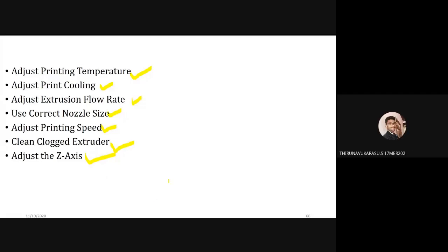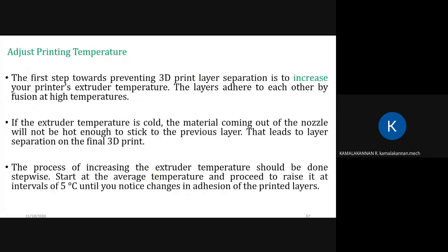First one is adjustment of printing temperature. Why do we need to adjust the printing temperature? What is the need of adjusting it? Here the word adjustment is not really the actual word. It is nothing but optimization.